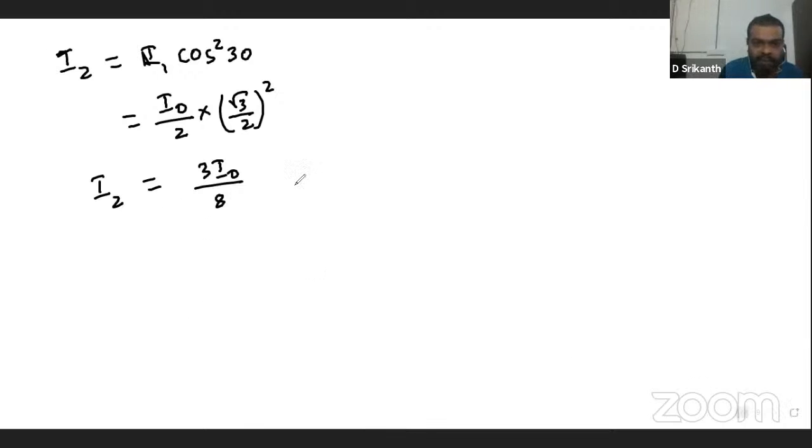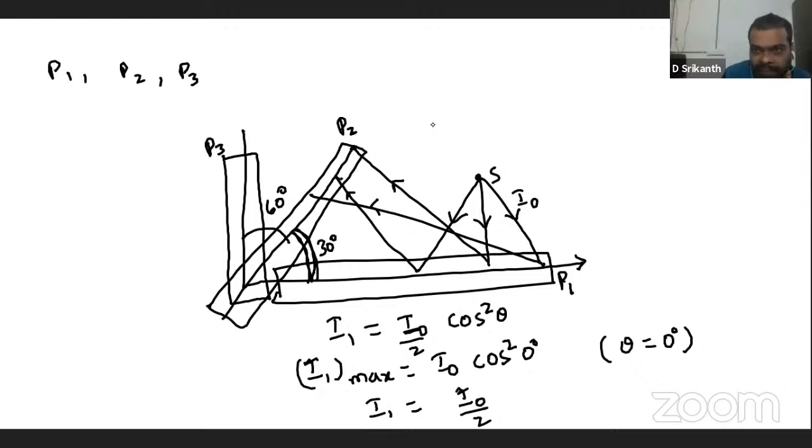Now, after the second polarizer, the light ray will be incident on the third polarizer. Soon after this, the light ray will get emitted like this.